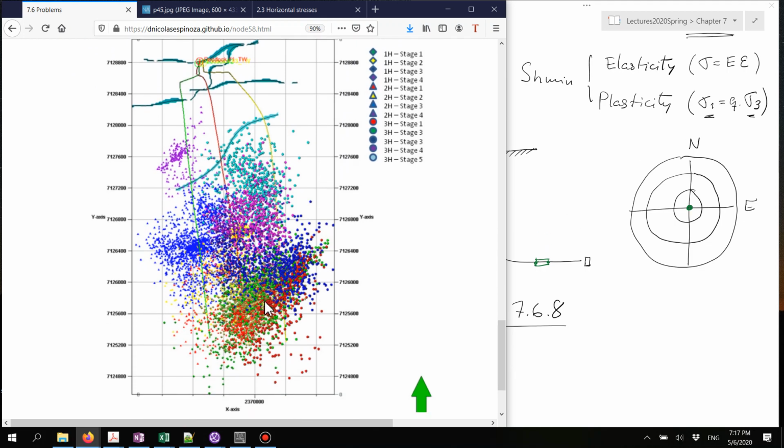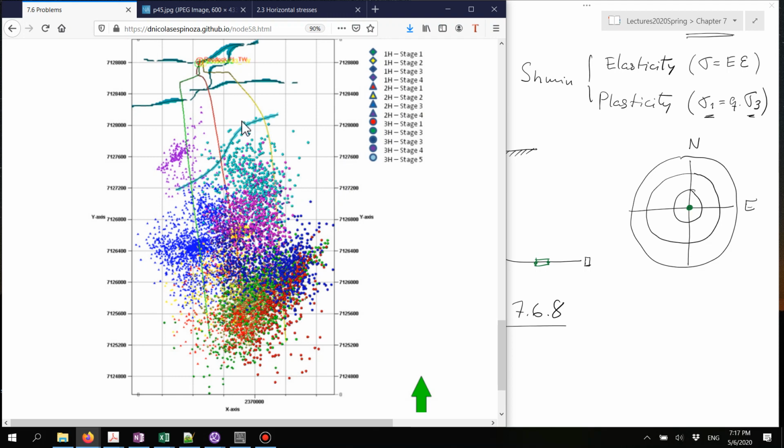Here, superimposed with the orientation and the trajectories of the wellbores, we also see the clouds of microseismicity for different stages. You have the labels on the right. So I'm asking you to interpret a few things.